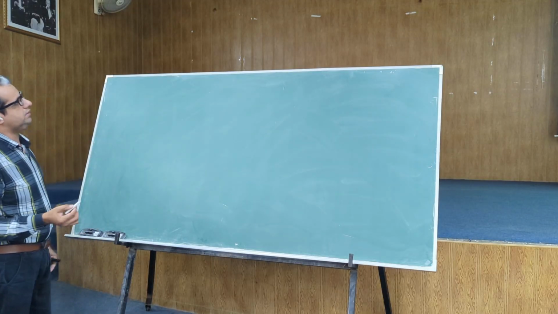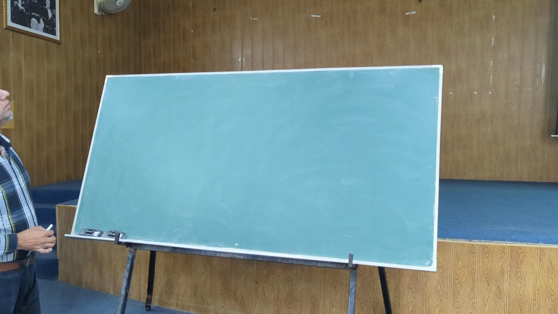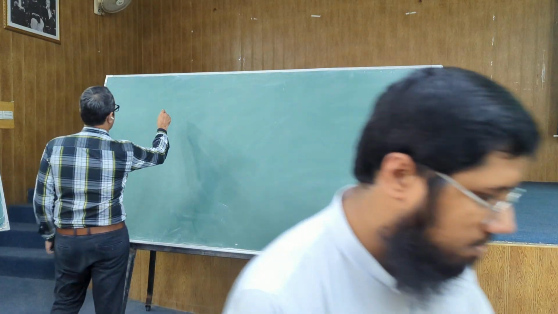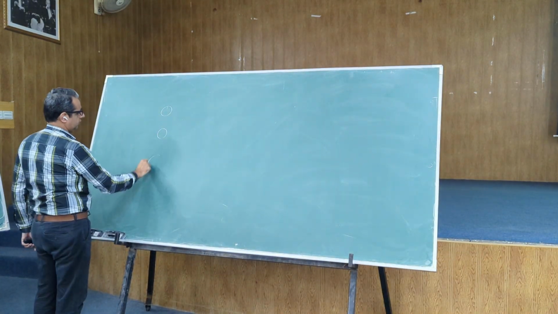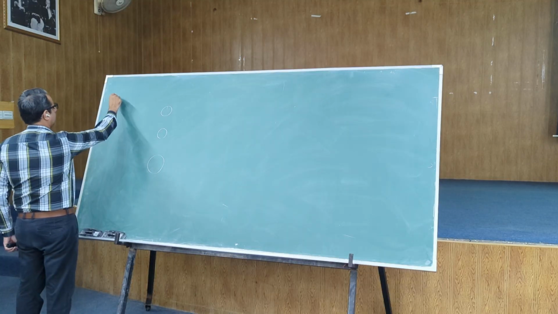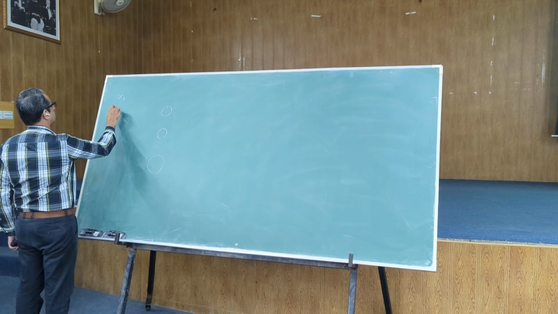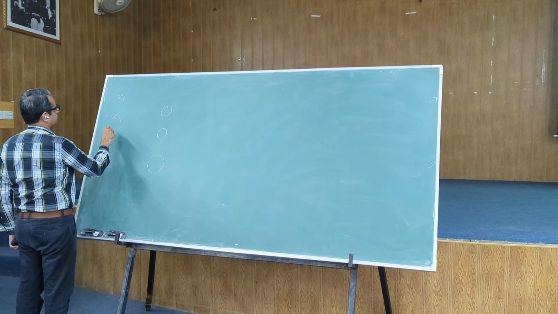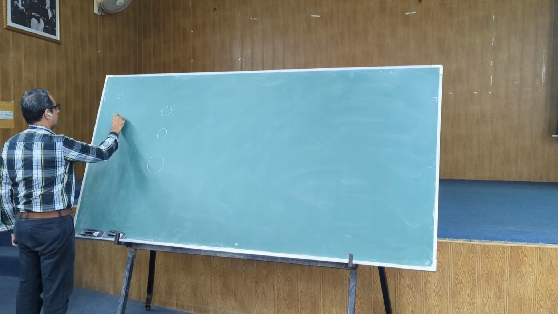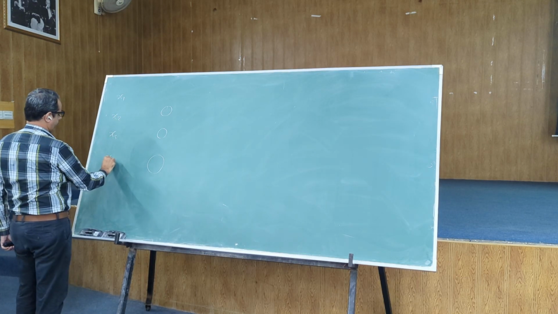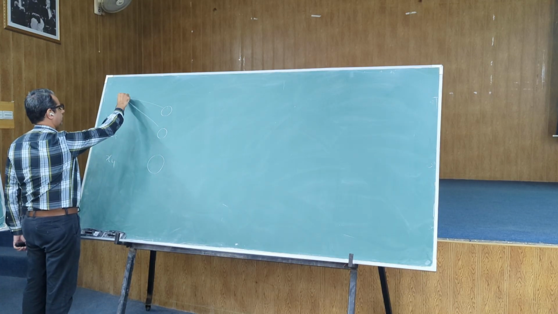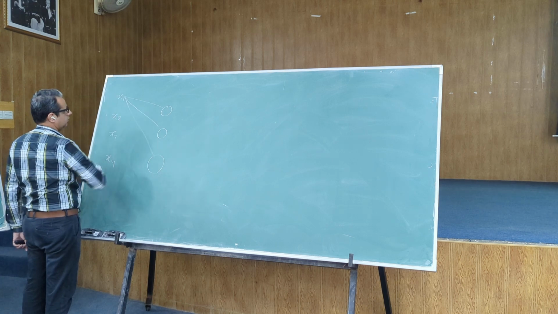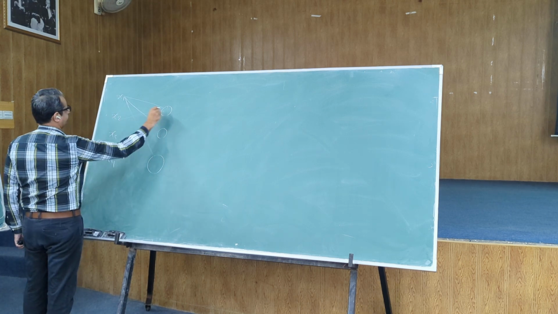So I will revise each and everything, the forward pass and the back propagation. Right now, first we do the mathematical one. We have three neurons and four inputs. From each input, there will be a path to each neuron.